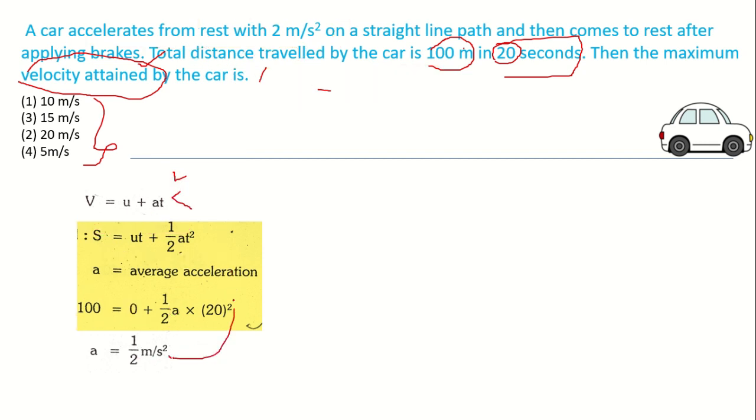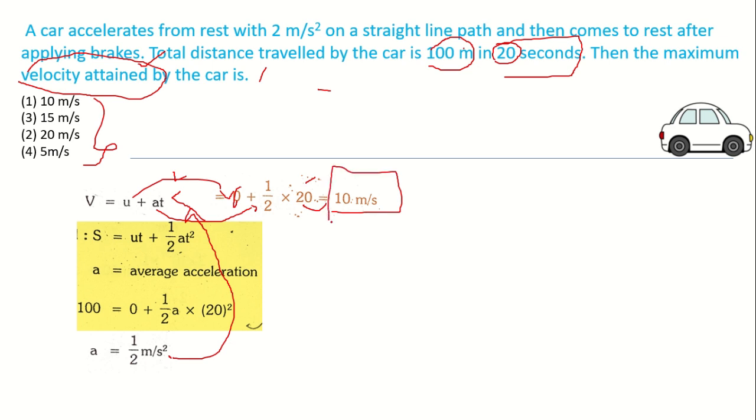Now if I substitute this into the expression, I get 0, that is initial velocity is 0, a is 1 by 2, time is 20 seconds. The answer will be 10 meters per second. Don't get confused here with the given acceleration. If you substitute that a value here, then you will get some other option as the right answer, which is absolutely wrong. Be careful while solving problems in your examination.